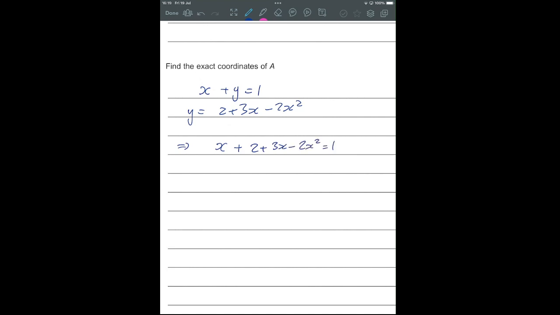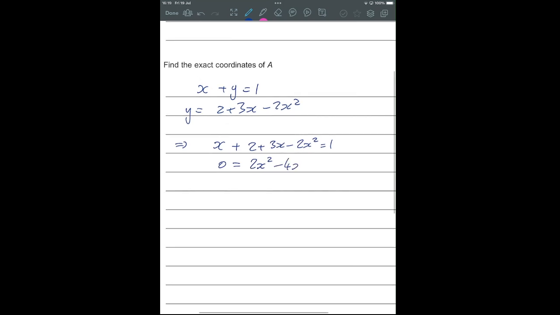that's a quadratic. I'm going to make it look like a quadratic. I like my quadratics to have positive x squared, so I'm going to put 2x squared on the right. I've got 4x on the left, which becomes minus 4x minus 1. It's already hinted by finding the exact coordinates of A that this isn't going to give me nice numbers. It doesn't look like I can factorize it, which doubles down on that evidence.